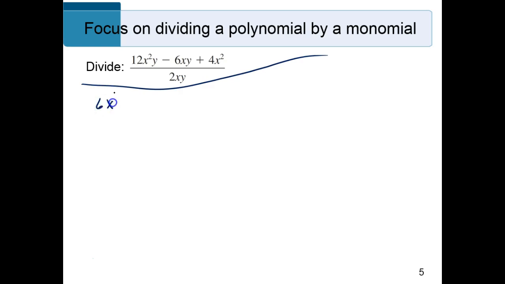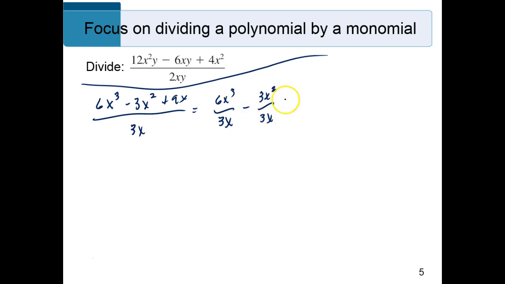6x cubed minus 3x squared plus 9x, divided by 3x. This is even easier. How would you do that? 6x cubed over 3x minus 3x squared over 3x plus 9x over 3x.